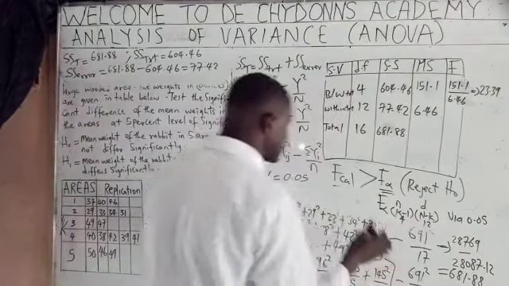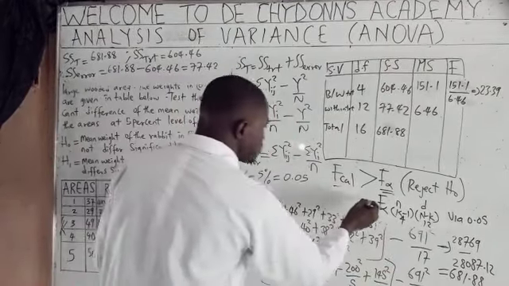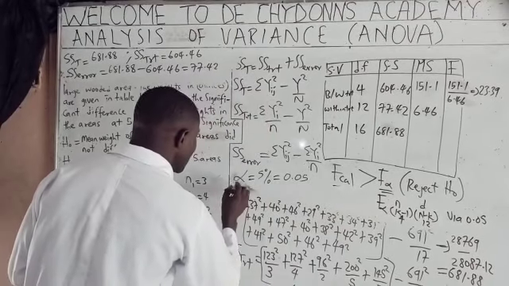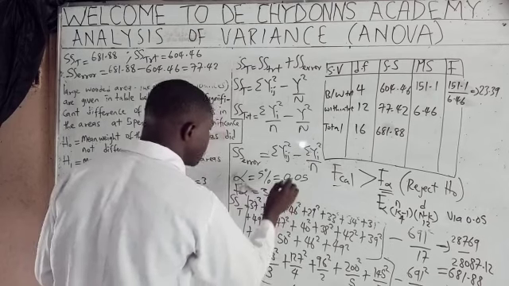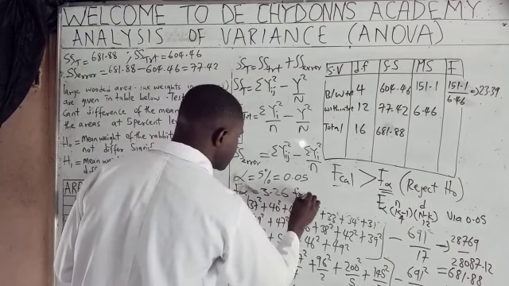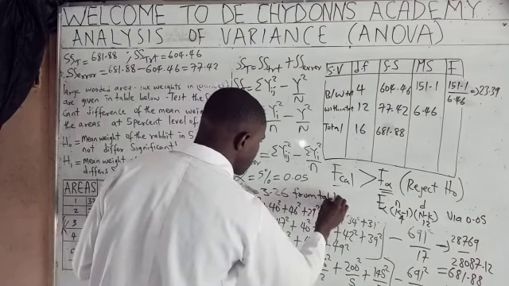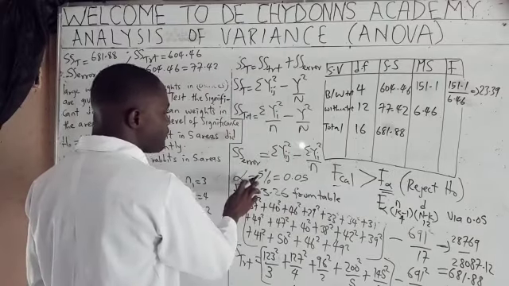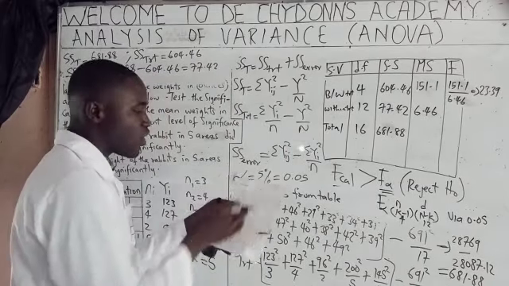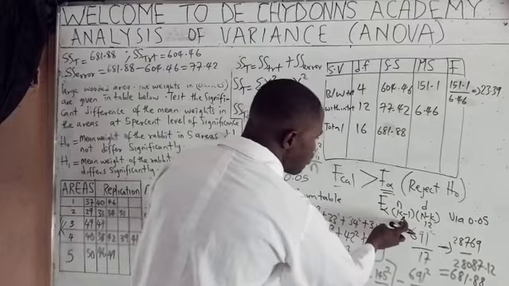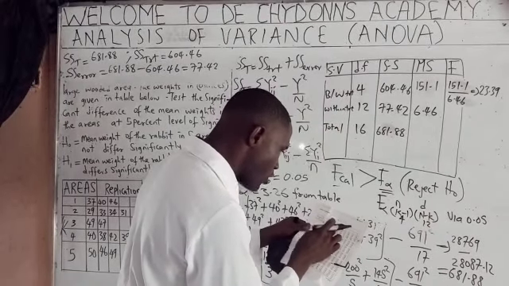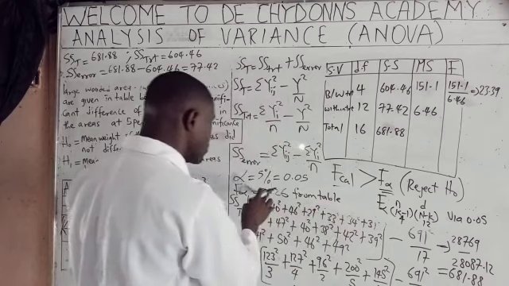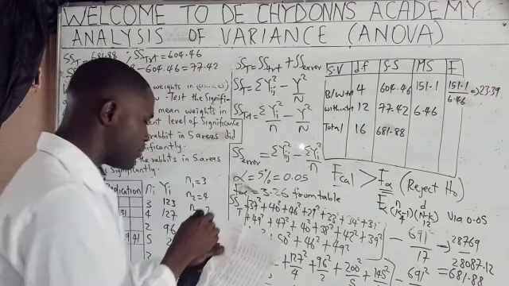That will be giving us 3.26. So we say that our F alpha will be 3.26 from our table. Taking it under 0.05 from your F table, under numerator 4 and denominator 12, it will be giving you 3.26 from table.